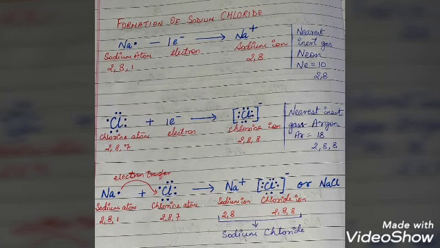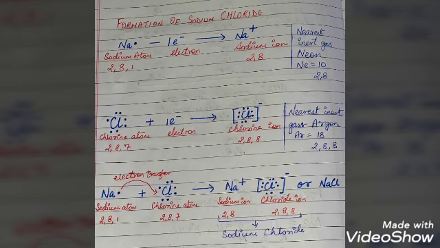So, when sodium reacts with chlorine, it transfers its one outermost electron to the chlorine atom. By losing one electron, sodium atom forms sodium ion, which is Na+, and by gaining one electron, the chlorine atom forms a chloride ion, which is Cl-.